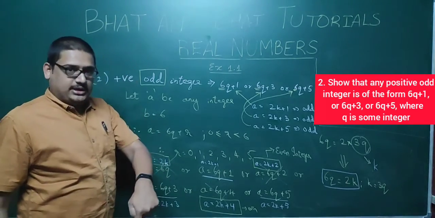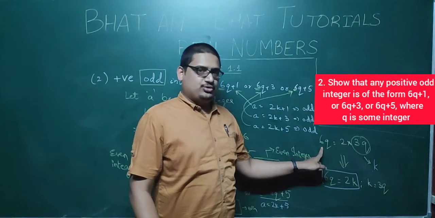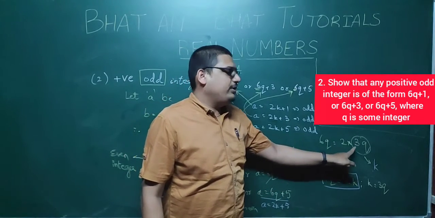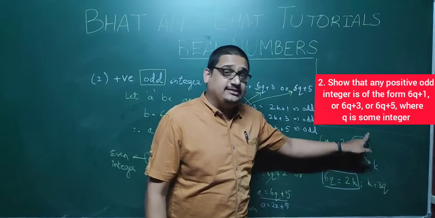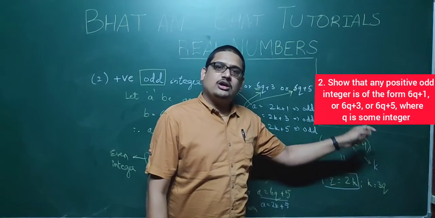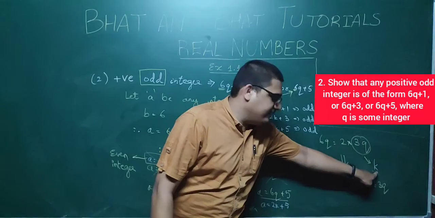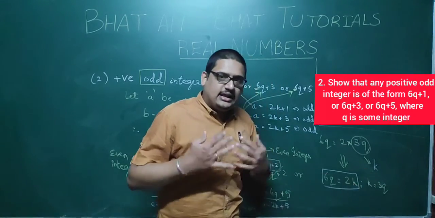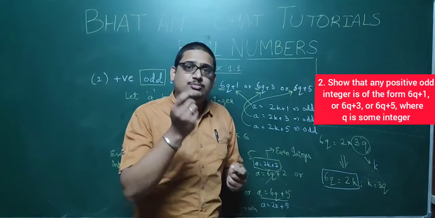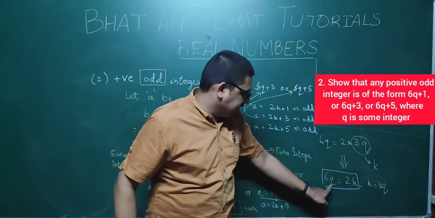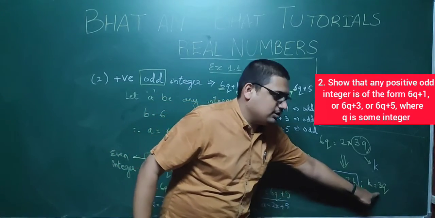Next comes the most important step where we make this substitution. 6q can be written as 2 into 3q, but I am clubbing 3q. Since 3q is also a constant number, I am just replacing 3q by a variable k, so that my analysis becomes simpler in terms of smaller numbers. So 6q becomes 2k where k is equal to 3q.